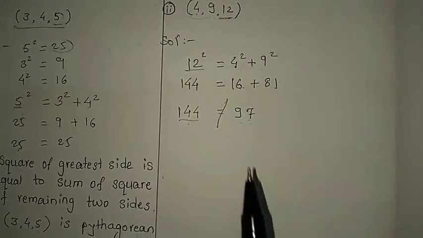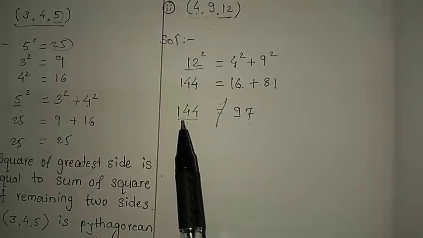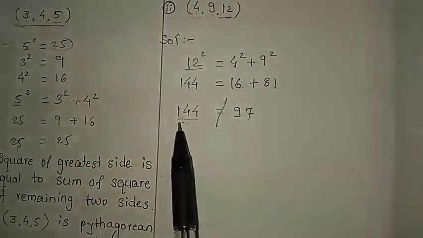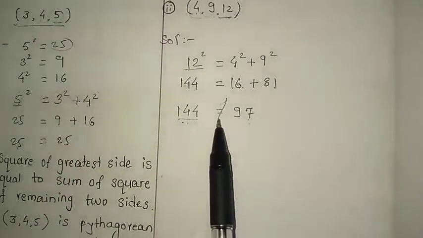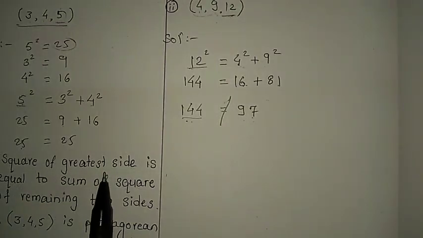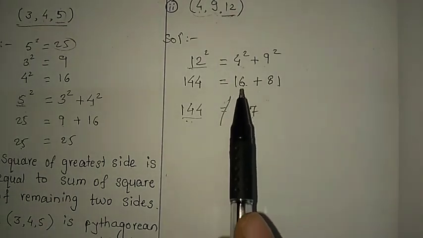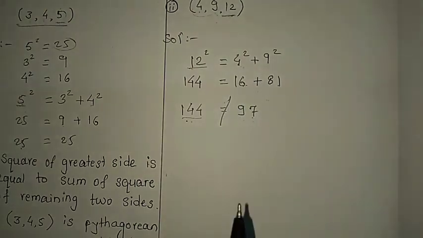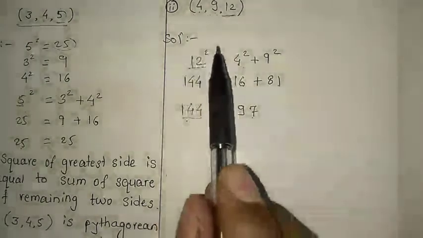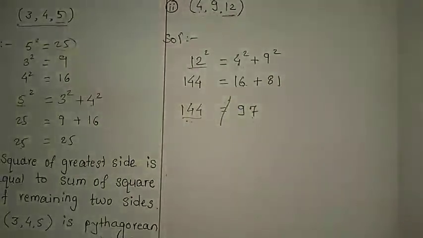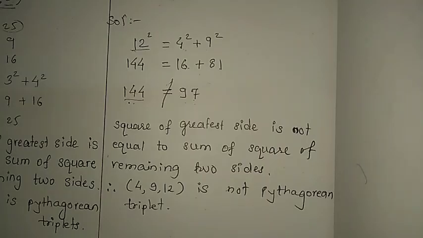But in this case, the square of the greatest side, that is 12 square, is not equal to the sum of the squares of the remaining two sides. Therefore 4, 9, 12 is not a Pythagorean triplet.